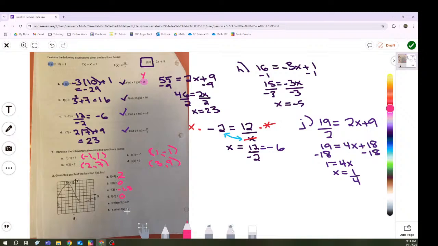X when f of x equals 2. So again, just like we did over on the right-hand side of this, when we get that function notation equaling something, that part that it equals is your y value. So we're looking now for if y is 2, what's the x value?